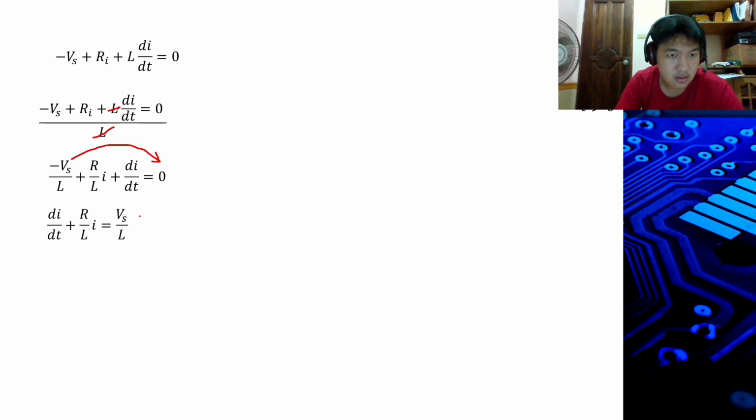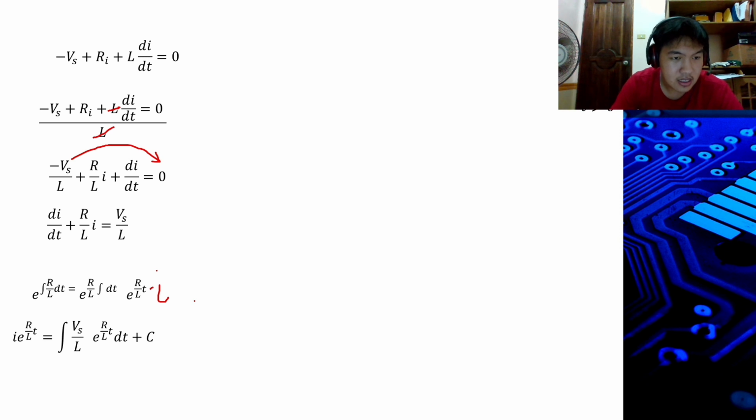Using integrating factor, e integral of kanilang tapat sa I is R over L dt, and pagawas lang ang constant R over L and integrate nato ang dt which is bili na lang is e raised to R over L t, and ato na i-multiply sa I and get I e raised to R over Lt is equal to integral of Vs over L e raised to R over Lt dt plus C, which is pagawas na ito ng constant nga Vs over L. So integral of e raised to R over Lt dt plus C means ato nang i-integrate can get this one.